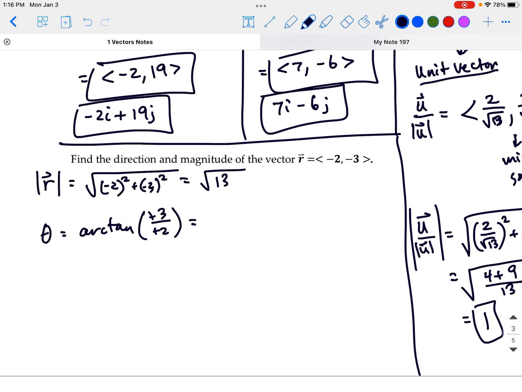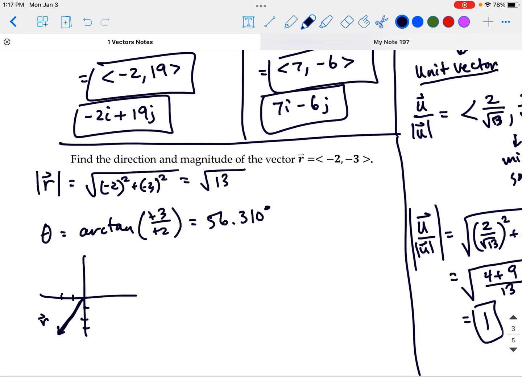And you should get a first quadrant angle. Yes, so you should get 56.310 approximately degrees. However, this is again going to be where the geometric interpretation is going to be extremely useful.